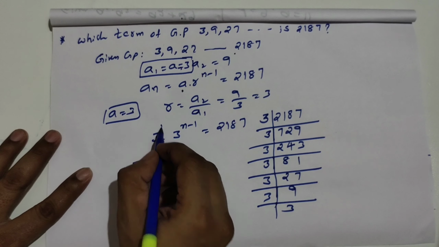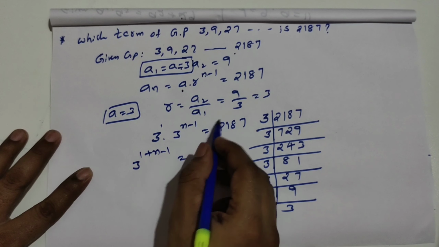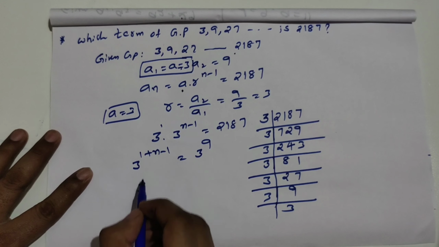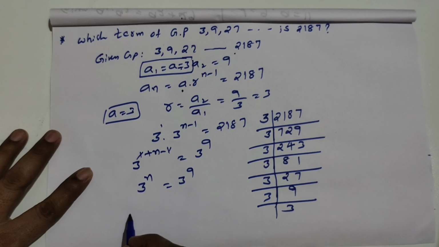So we can write it as 3 power 1 plus n minus 1, and this one is 3 power 7. Here 1 gets cancelled, 3 power n is equal to 3 power 7. Therefore n is equal to 7.